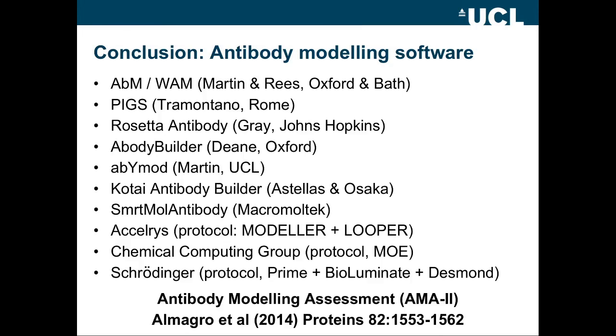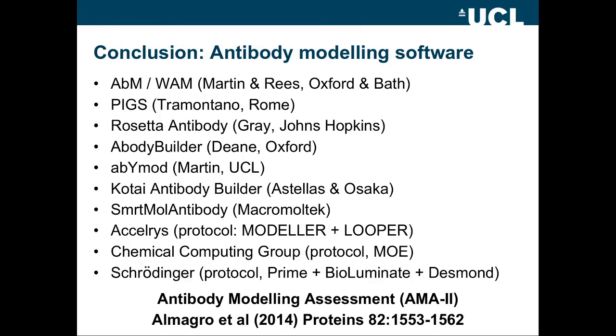But on the other hand, we have the number of things that make the process simpler, because we're really just concentrating on modelling those 6 loops, and for 5 of them, these canonical rules from Cyrus Chothia really seem to work very, very well. Which means that really the problem boils down to just modelling CDRH3, which turns out to be very difficult.